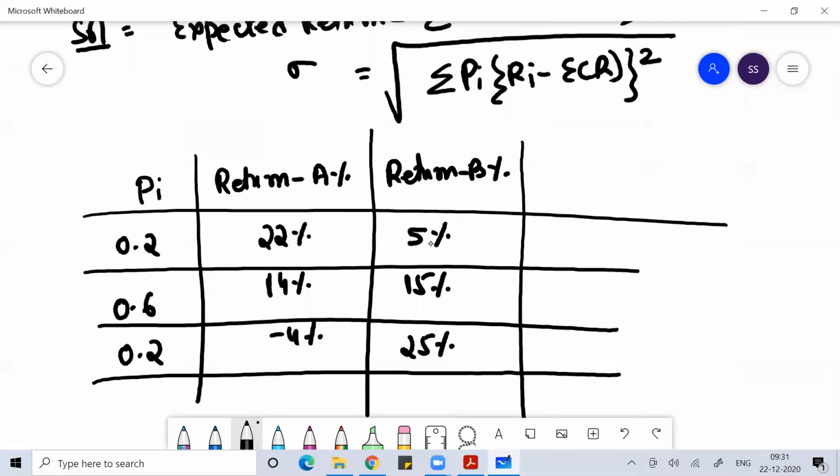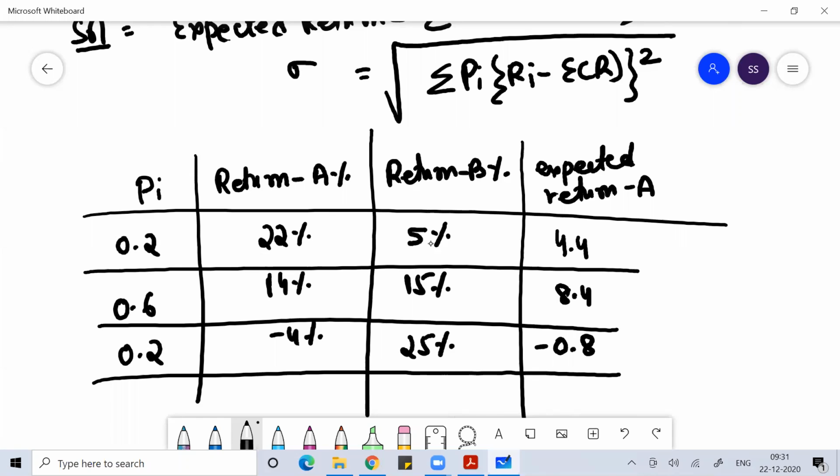So you can find the expected return on A. For that, multiply the probability with the return. 22 twos are 44, so you get 4.4. Then 14 sixes are 8.4. Then minus 4 into 0.2, so 4 twos are 8, so minus 0.8.